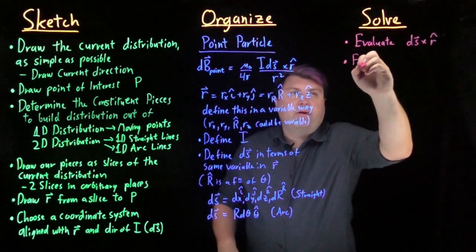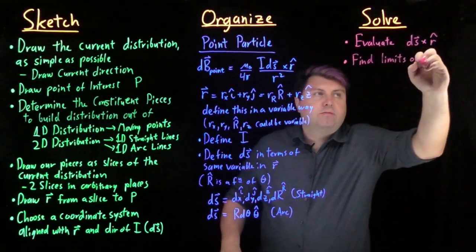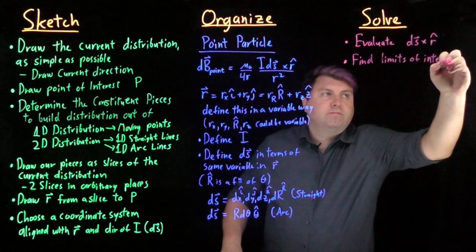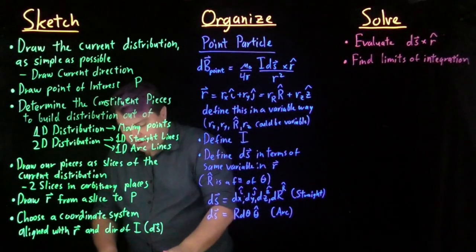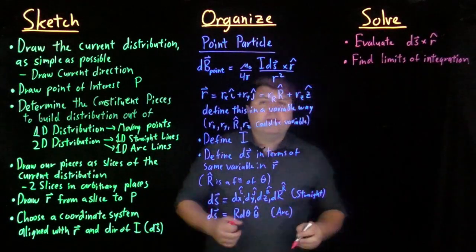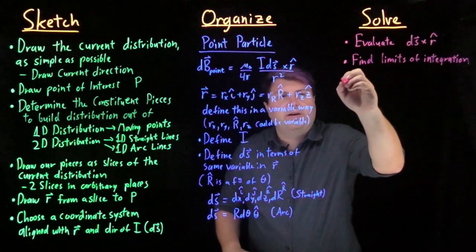Once we have that, we want to find the limits of integration. And then we have an integral. And we could do the integral ourselves, but we've already learned how to do integrals in other classes. We already kind of know it.